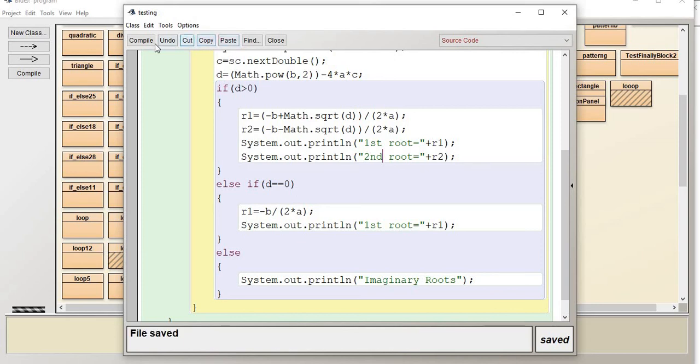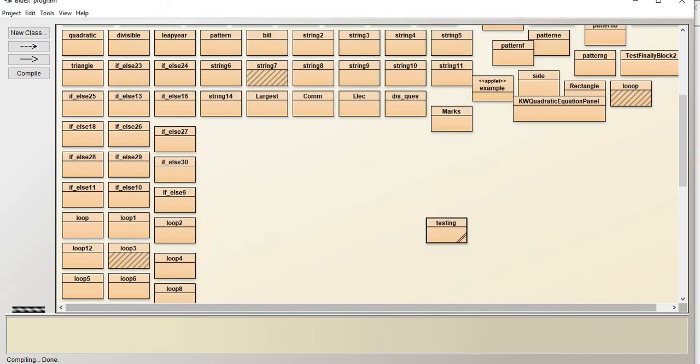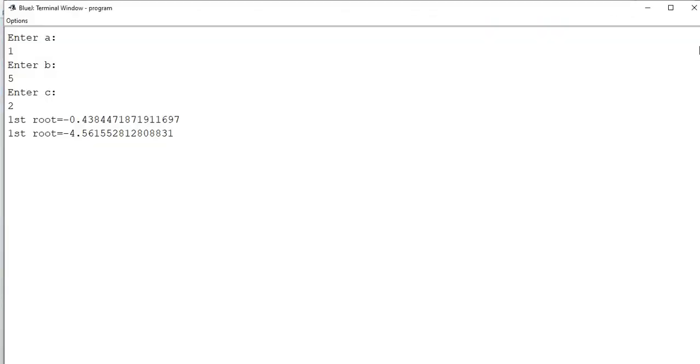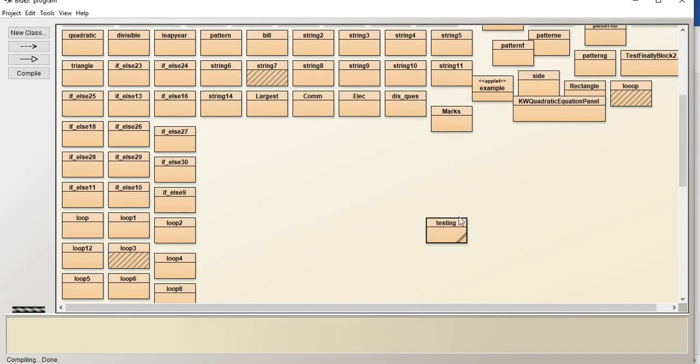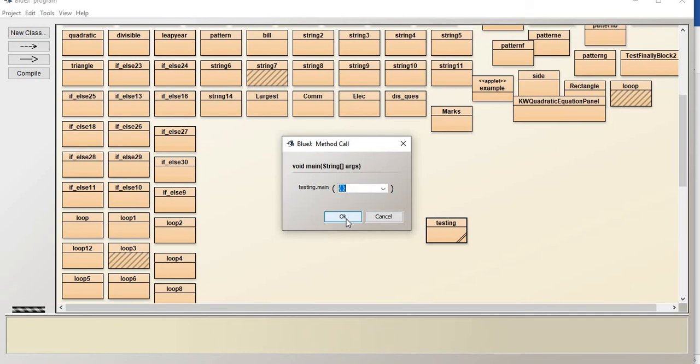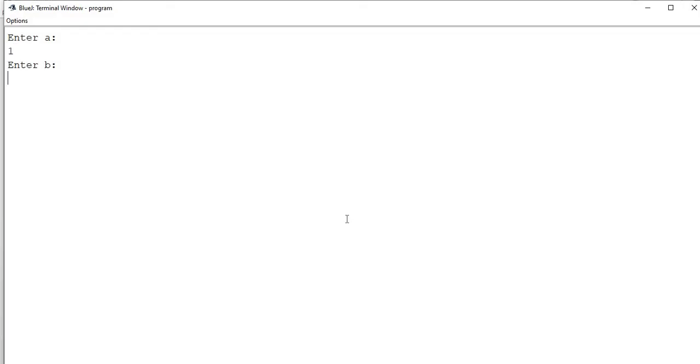Control S. Okay, compile it again. Let me run it again. 1, 5, 2. Yes, this is the value which we are getting for the first root and for the second root.